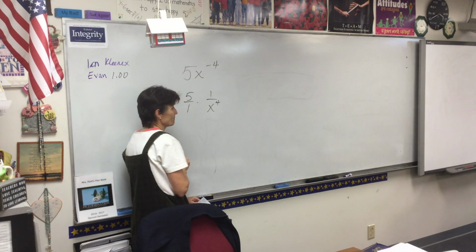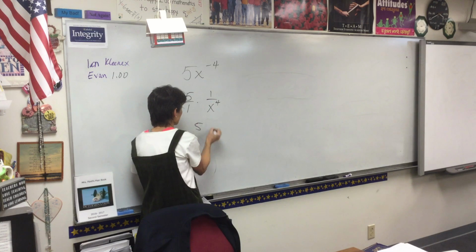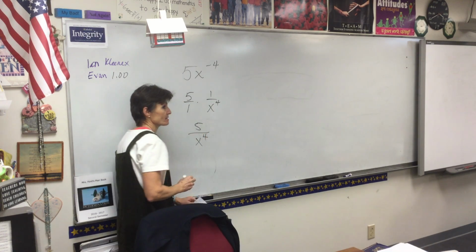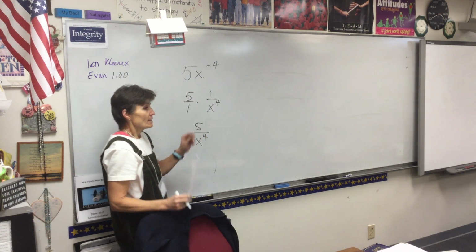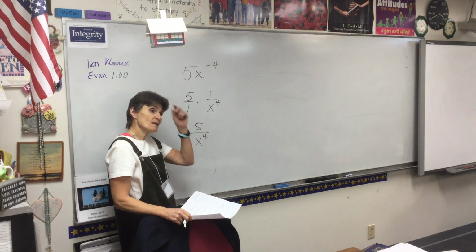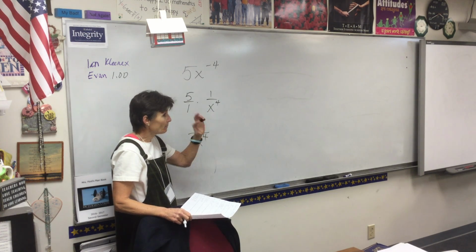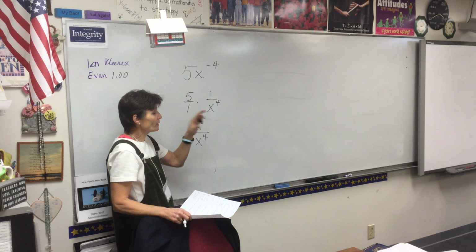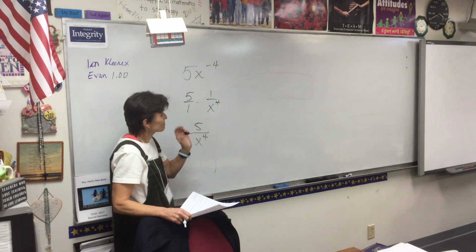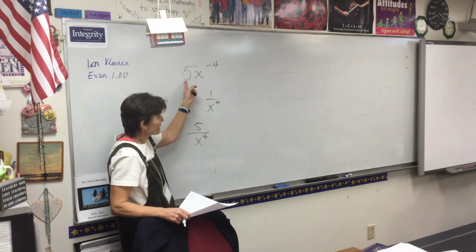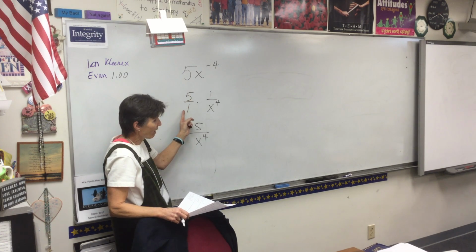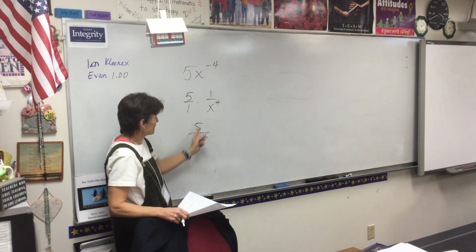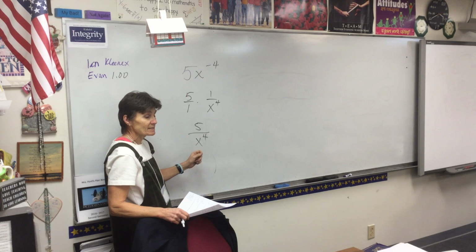So the answer is 5 over x to the 4th. Negative exponents mean 1 over, right? Flip. But only the things that have the negative exponent flip. 5 does not have an exponent, so it stays 5. This guy flips. That's a GTQ, guaranteed test question.